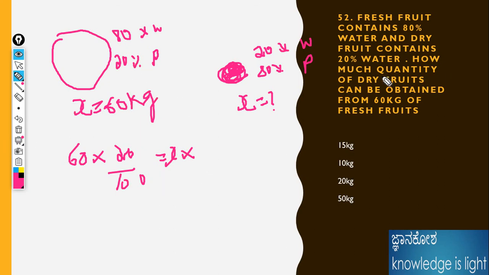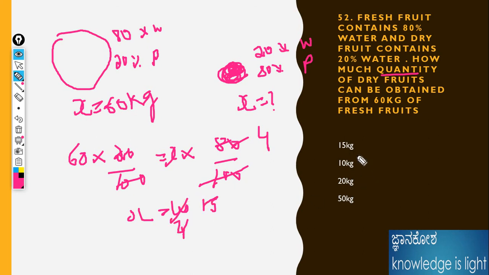The 100 is cancelled. 60 times 20 is 4x times 20... so 4x is coming, x is equal to 60 by 4, that is 15. Therefore 15 kg of dry fruit can be obtained from the fresh food.